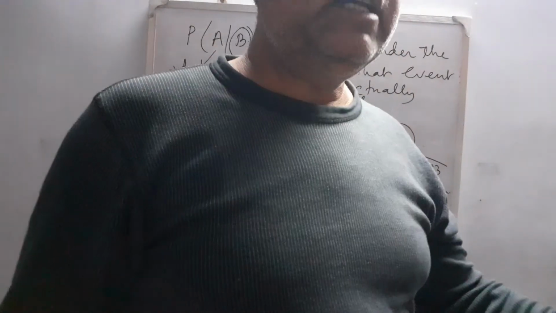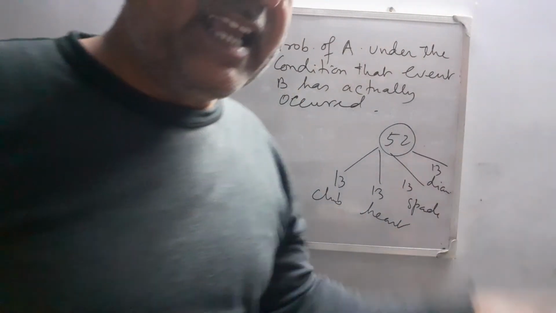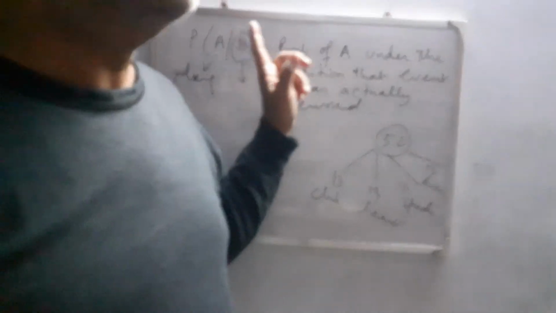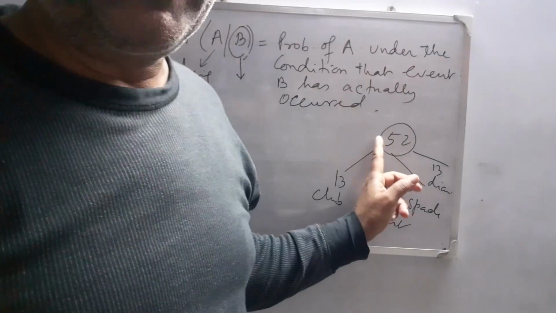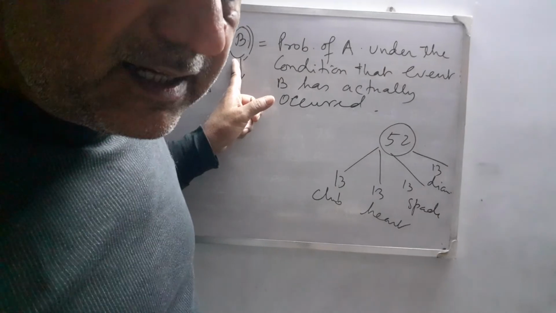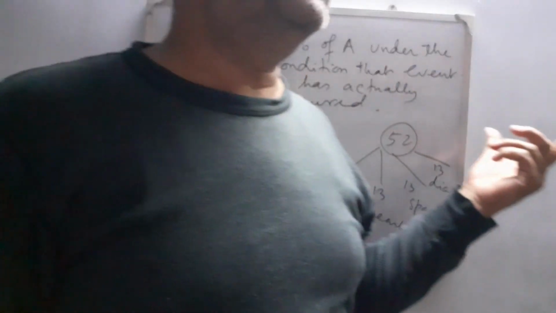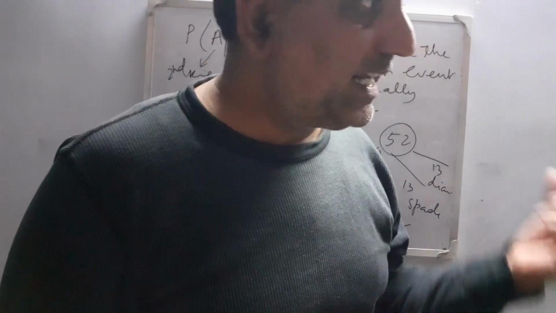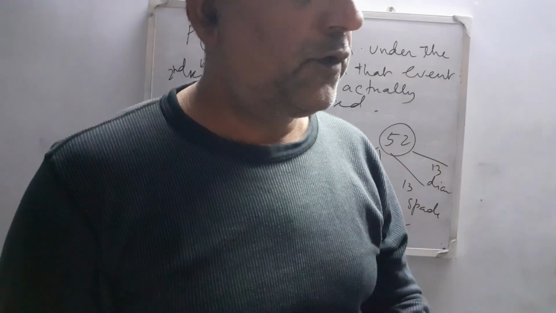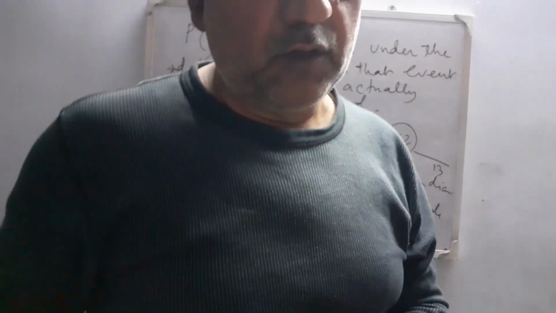If the first card drawn is a king, PA/B becomes 3 by 51. But if it is not a king, then it becomes 4 by 51. So this is your concept of conditional probability. Boys, in the next video we will extend this topic. So for today, this is all. Thank you.